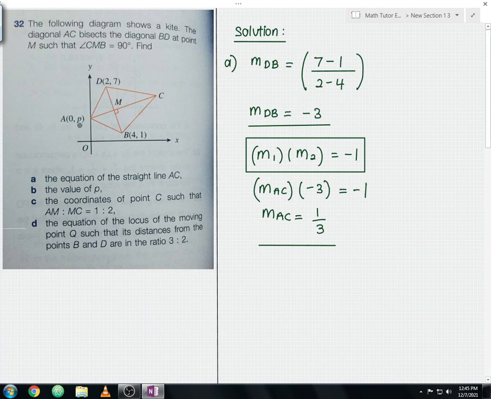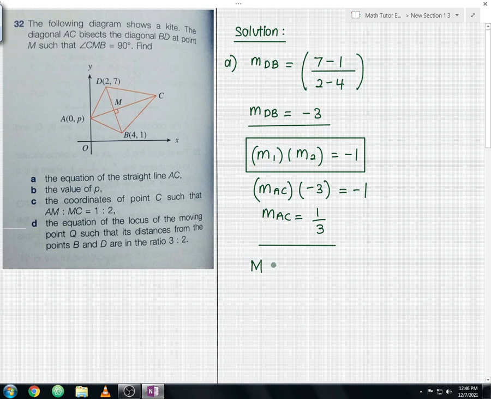The P variable here is unknown, but we do know that the point A is actually a y-intercept. So we need to find another alternative. So in this case, we can only find the point M by calculating the midpoint of the straight line DB, as I mentioned in the earlier explanation during the properties of the kite. So let me continue to the third step by finding the coordinate M.